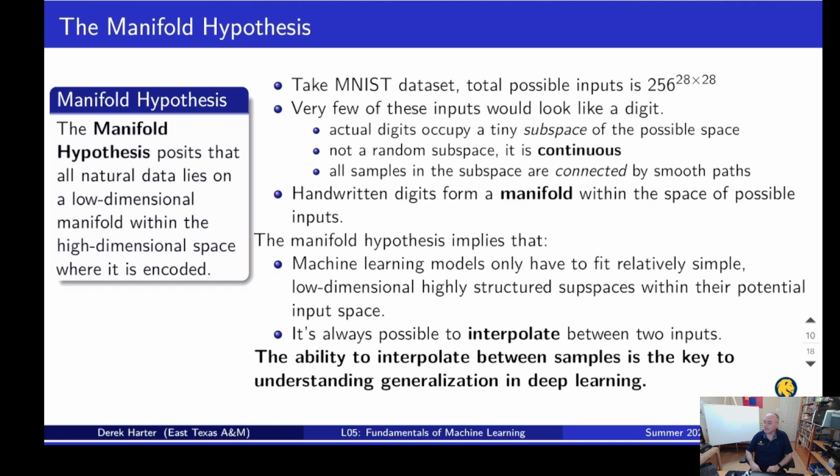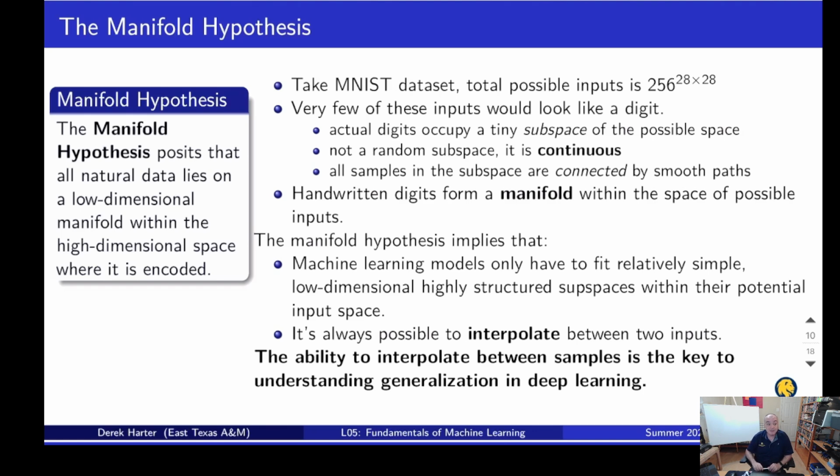So the theory, the manifold hypothesis, is that the actual digits occupy a tiny subspace, and it's not a random subspace. It's not spread randomly in that really extremely high dimensional space. So all the samples in the subspace are actually connected by smooth paths. So you can find a path along which you can transform a 1 into a 2.